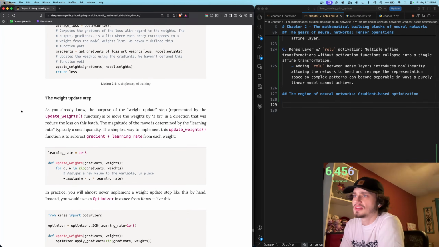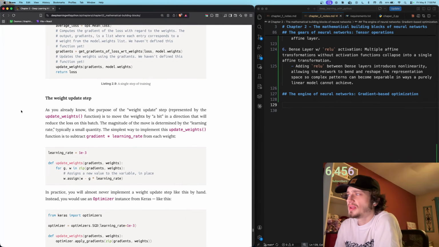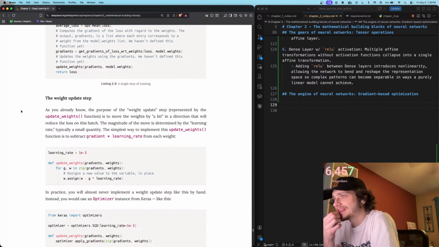The weight update step. As you already know, the purpose of the weight update step, represented by the update weights function, is to move the weights by a bit in a direction that will reduce the loss on this batch. The magnitude of this move is determined by the learning rate, typically a small quantity. The simplest way to implement this update weights function is to subtract gradient times the learning rate from each weight.